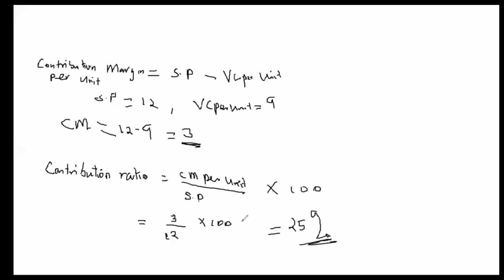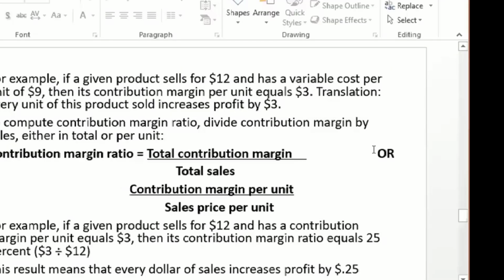And we'll see how we can make use of this information to predict our target profits, to predict our sales and all that. Any questions? Any questions on contribution margin?